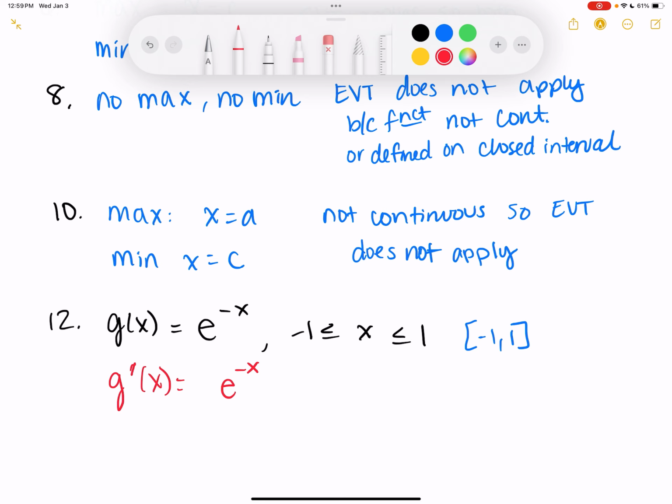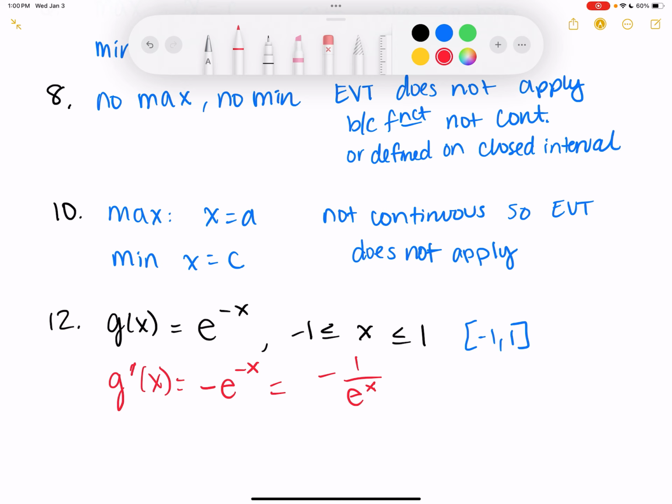What's the derivative of -x? Negative one. So we put a negative out front. Now, it has a negative exponent, so we could rewrite it as -1 over e to the x. May or may not be helpful, but we can rewrite it that way.